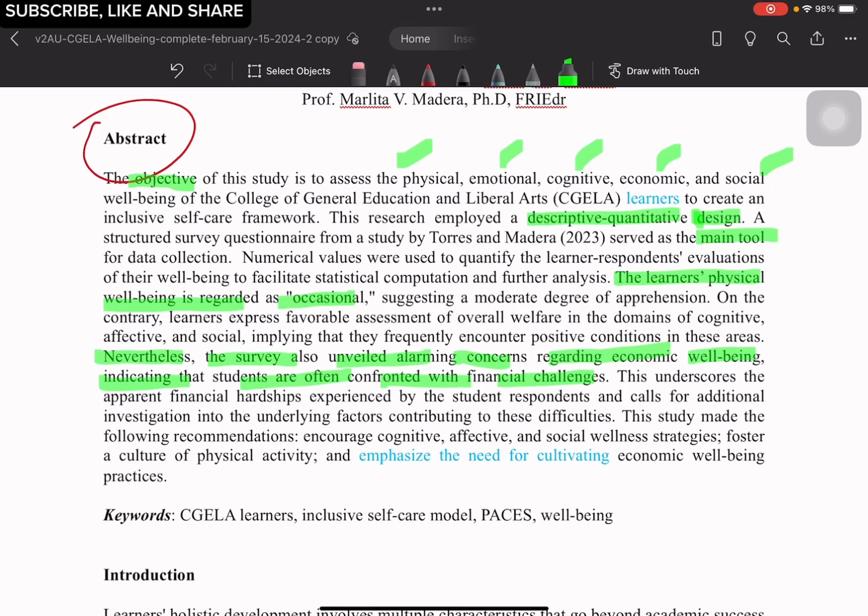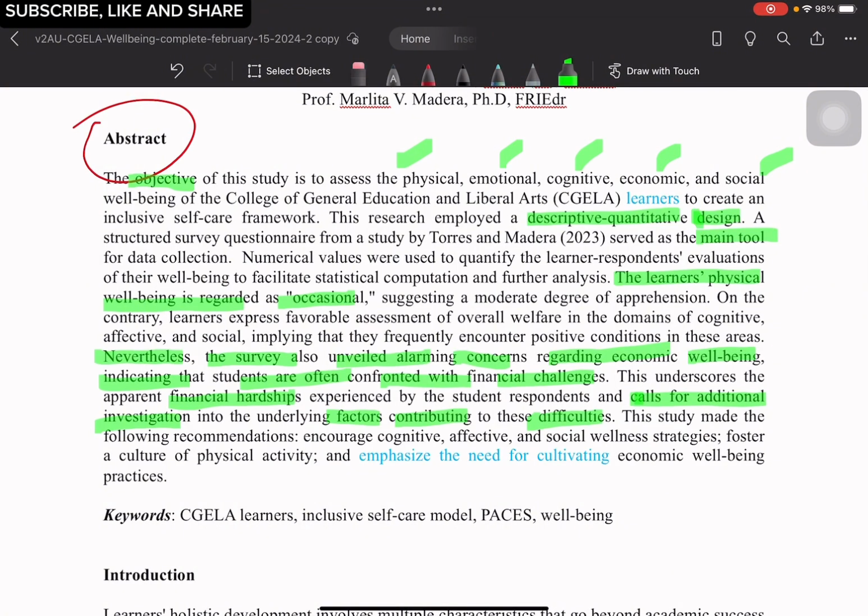So, as I mentioned earlier, this underscores apparent financial hardships of the learners, and there is a need to conduct further study on this particular area. So this underscores and calls for additional investigation into the factors, the reasons contributing to these financial difficulties.